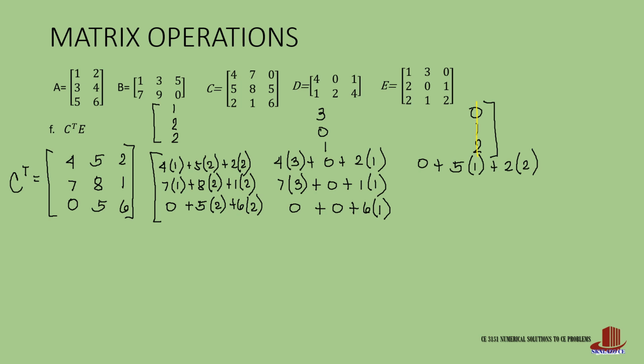Next row, we would have 7 times 0 or 0, plus 8 times 1, plus 1 times 2. And lastly, moving up to our last row, that would give us 0 times 0 or 0, plus 5 times 1, plus 6 times 2.